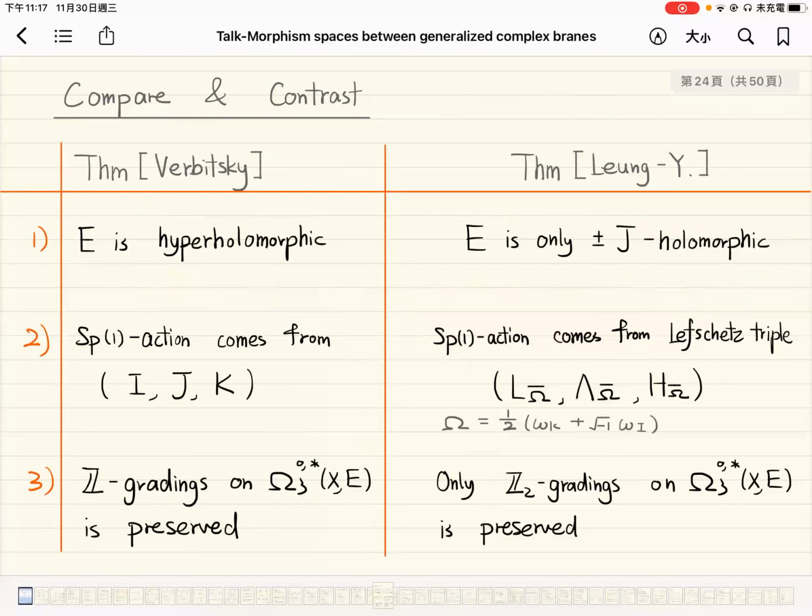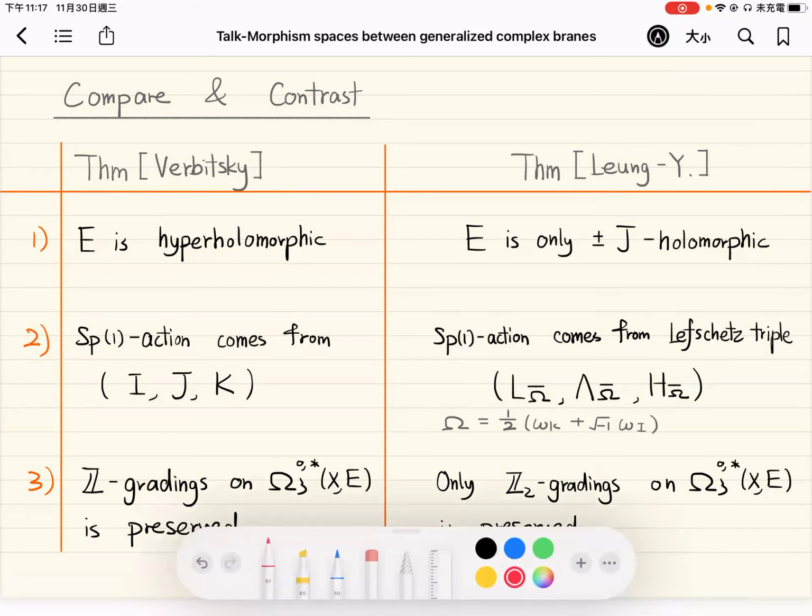Let me go to the comparison first. The key difference is that Verbitsky is trying to study the holomorphic bundle E, but in our case, because the curvature of the holomorphic line bundle in our theorem is omega J, the bundle is only J-holomorphic or minus J-holomorphic. So at a glance we cannot see why there is an SP1 action acting on the space intertwining the Dirac operator.